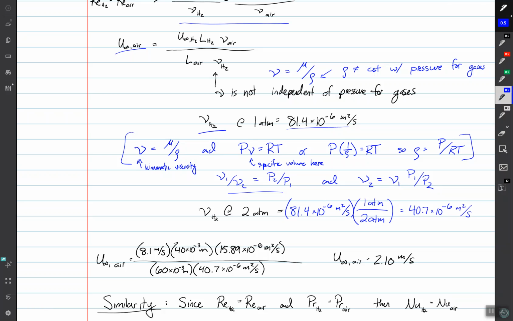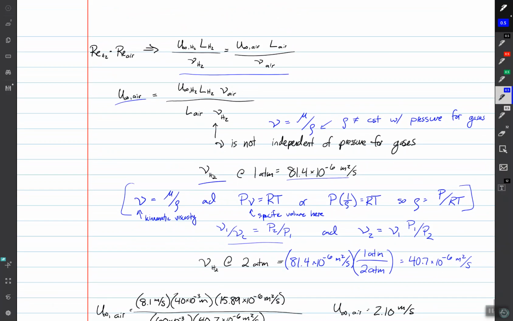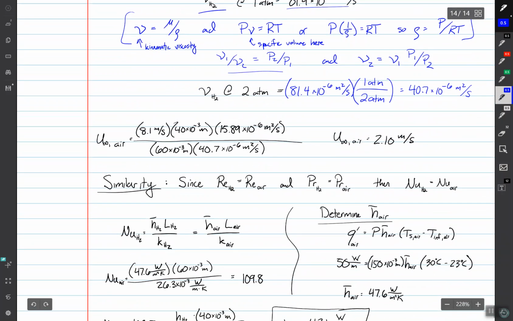All right, then we simply have to plug some of these values into this equation to get the Reynolds numbers to line up. We're plugging in the velocity, the length, the kinematic viscosity of air, 15.89, the length, and then the kinematic viscosity of hydrogen, and that gives us what our velocity of air would need to be.